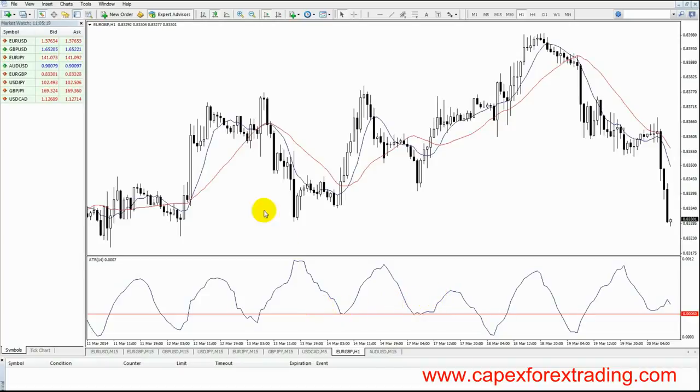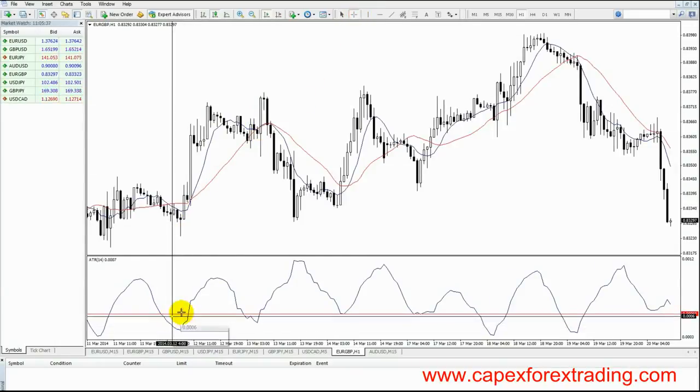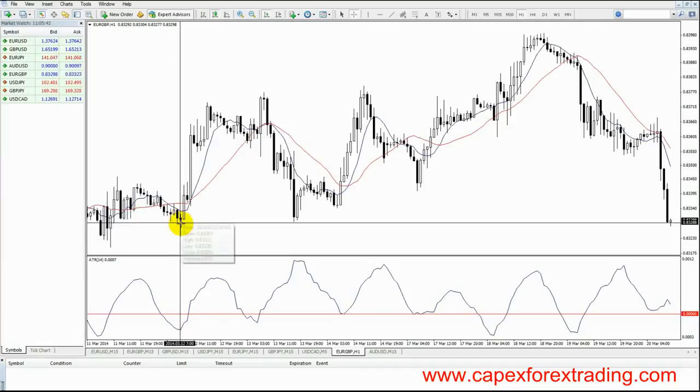What you can do is have a look at historically where the trends have began and ended, and then associate the dips or touches below the horizontal line with the beginnings of these trends. So as you can see here, if I get my cursor, we have this area where the indicator has dipped below a horizontal line, but we also have a beginning of a new trend in the price chart here.